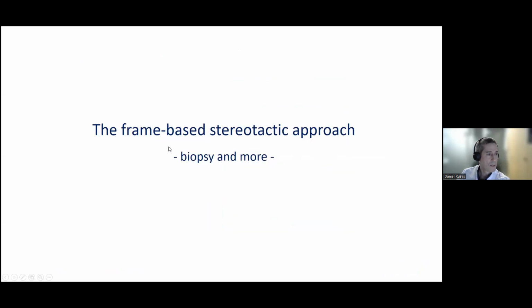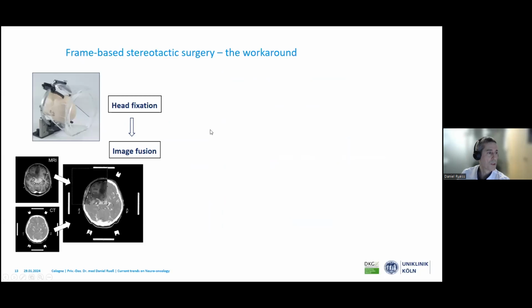So the frame-based stereotactic approach means, and I will show you the procedure in some steps, that you have the head fixation. You already know this image. And after that, we do a CT scan and we match the CT images with pre-surgery obtained, for instance, MRI images.